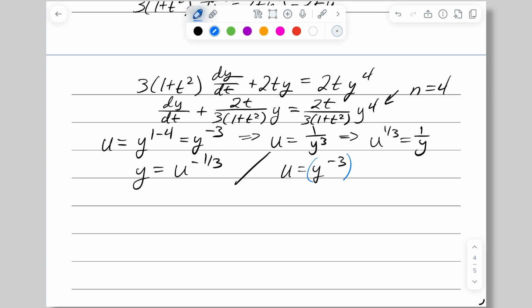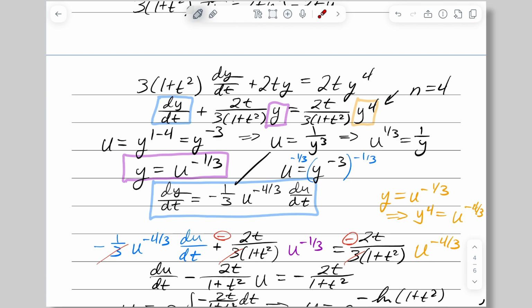So I'm going to multiply the exponent, negative 3, by negative 1/3. Whatever I do to one side, I have to do to the other. Either way, we get the same result. At this point, I'm going to turn you loose on it, see what you can do, and then we'll come back together.